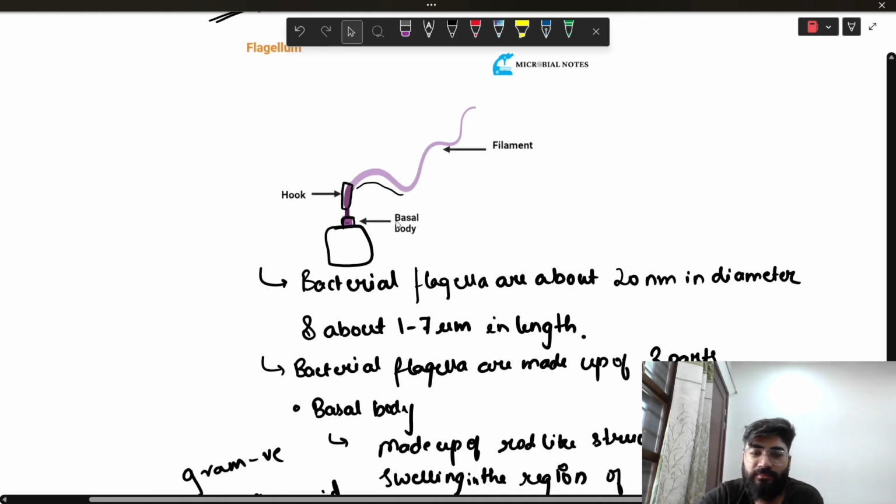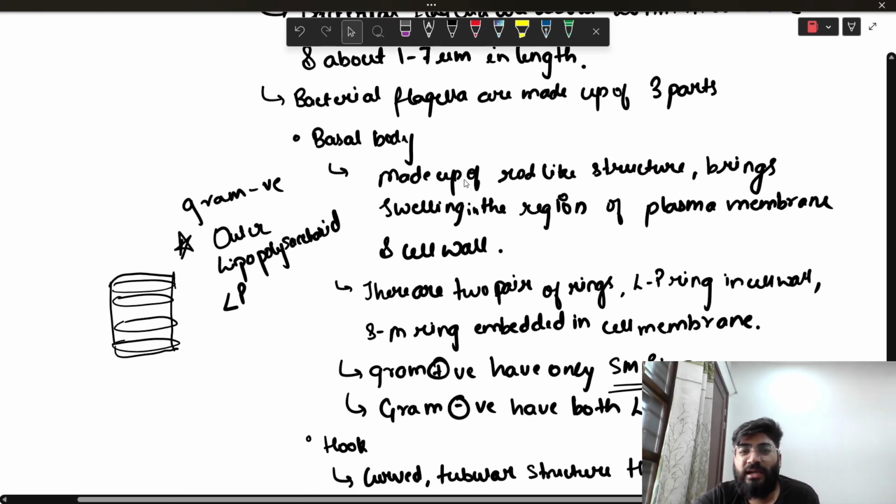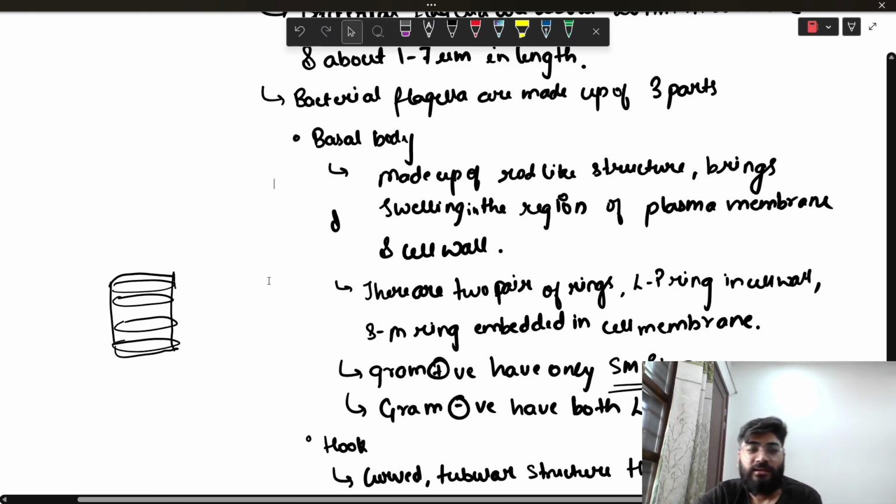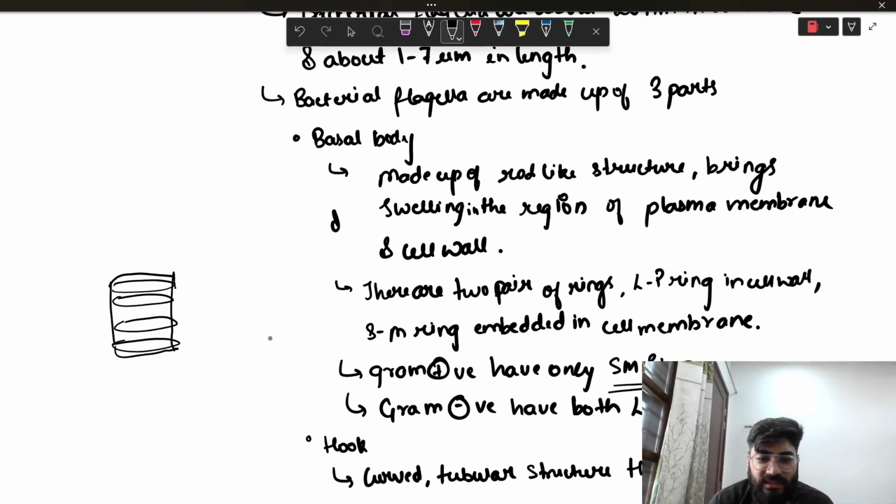All credits to them. So the basal body is made up of a rod-like structure, bringing swelling in the region of the plasma membrane and cell wall. There are two pairs of rings in the basal body. First, there is the S and M ring.